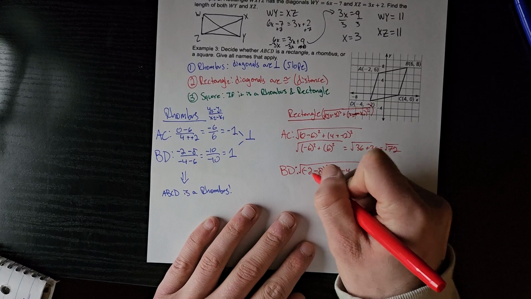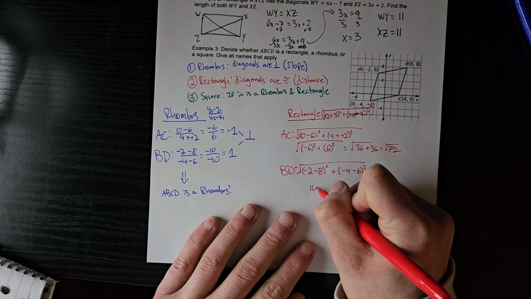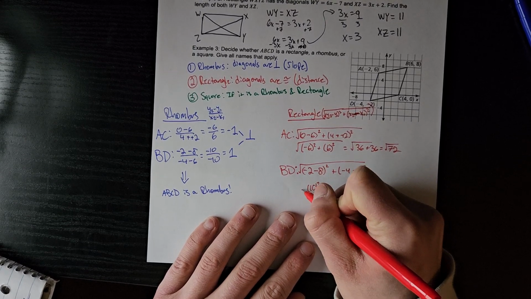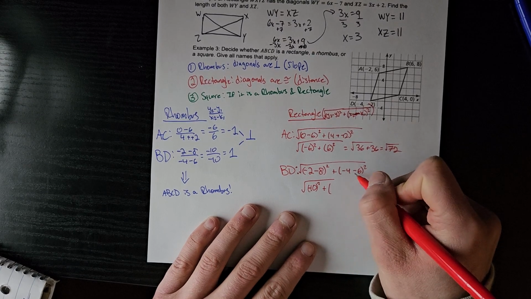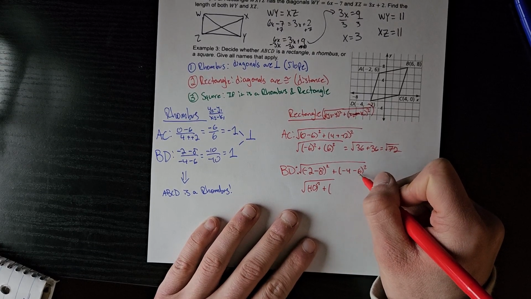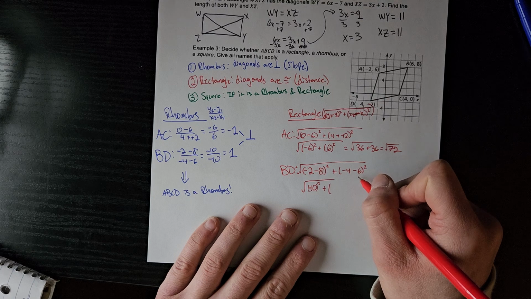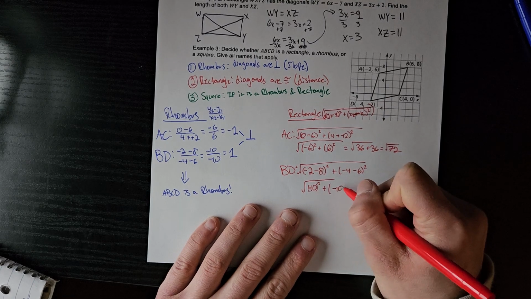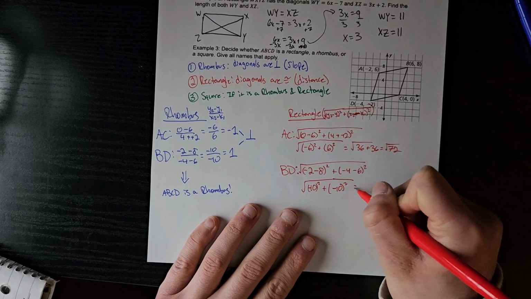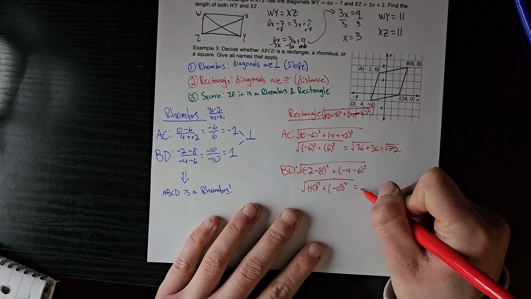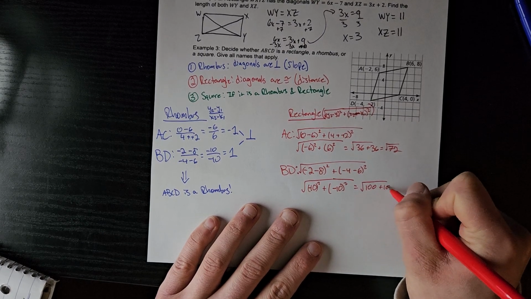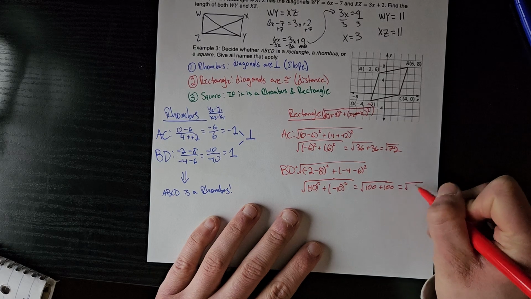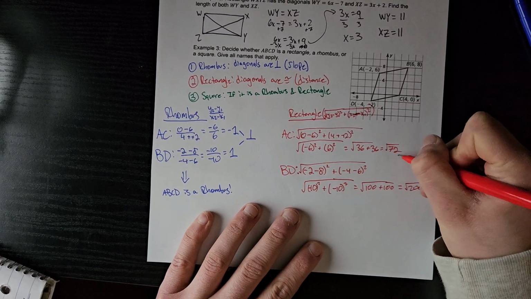We have negative 2 minus 8. That is negative 10 squared. And then plus negative 4 minus 6. Would that be negative 10 still? Negative 10 squared. That is equal to the square root of 100 plus 100. And that's equal to the square root of 200.